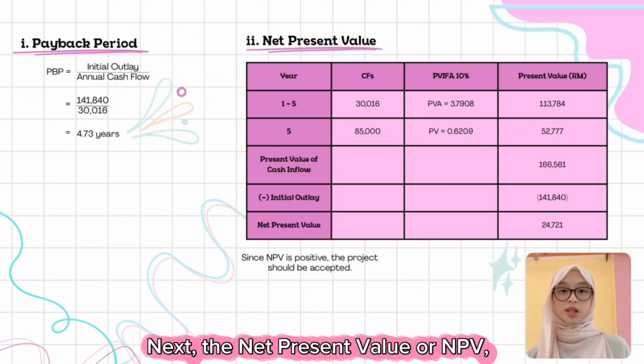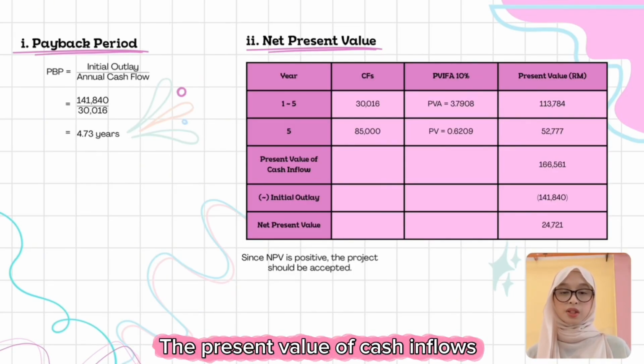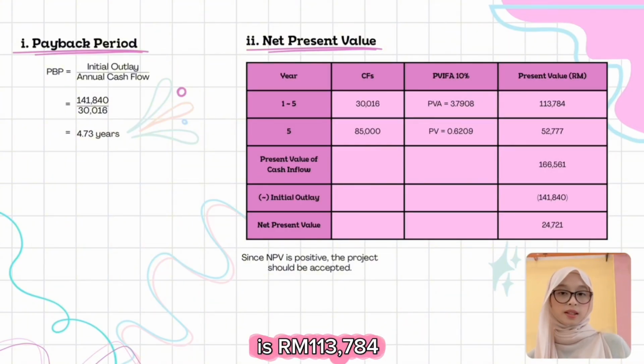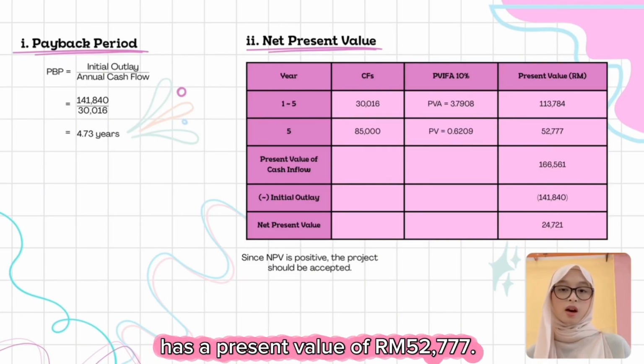Next, the net present value or NPV is calculated using a 10% discount rate. The present value of cash inflows from year 1 to year 5 is 130,784 ringgit, and the additional cash inflow in year 5 has a present value of 52,777 ringgit.